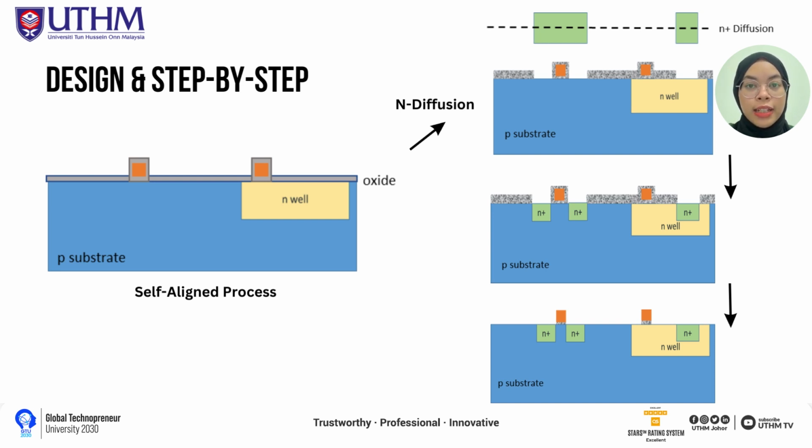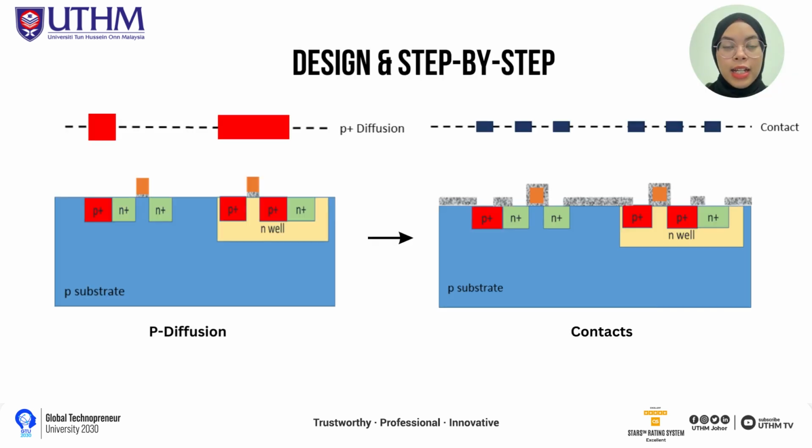As we can see in the figure, oxide is patterned and the N+ region is formed. Then, the oxide is stripped off to complete the patterning step. Next, this process is to create the contact. For the P+ diffusion region, the PMOS source and drain are formed along with the substrate contact.